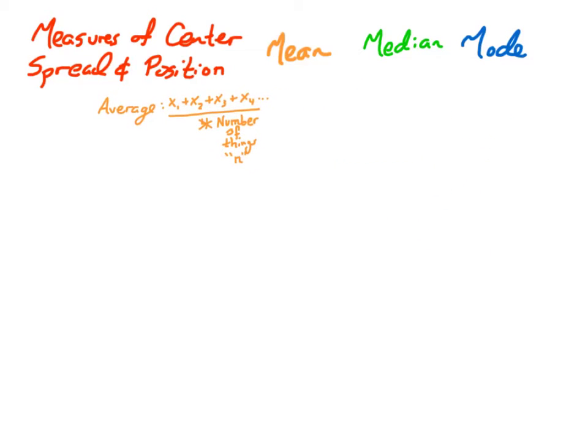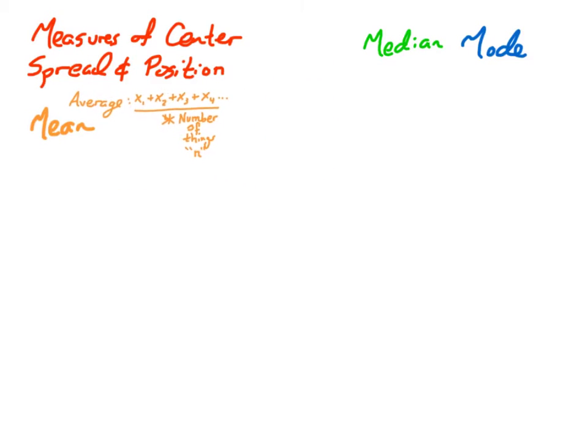So I'm going to bring this guy around. There's the mean, which is sort of like the average. Let's just keep going with more definitions here. I guess the median is the next thing we're going to talk about.